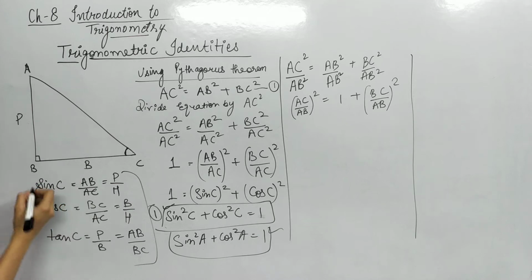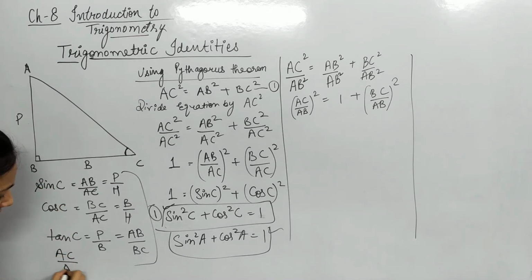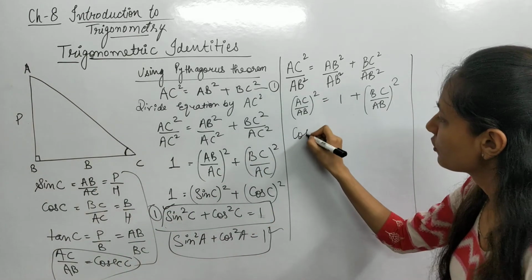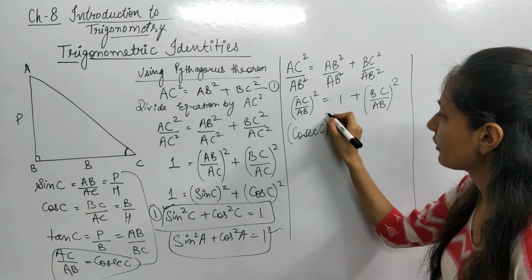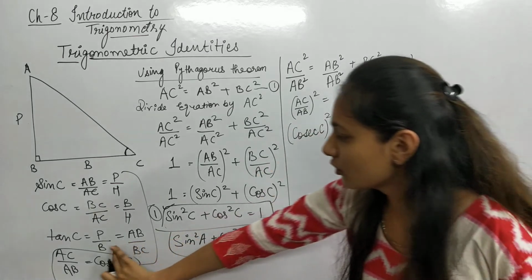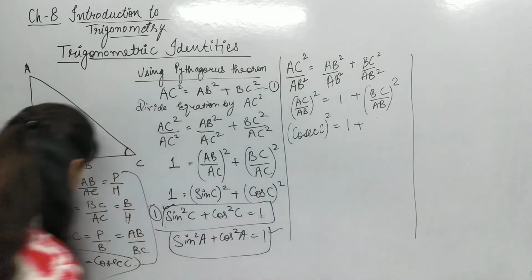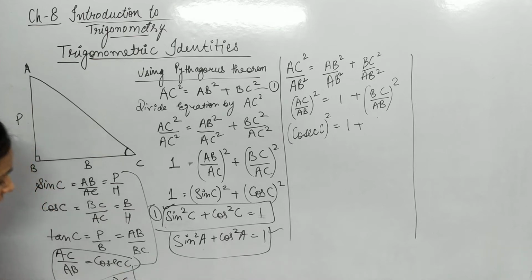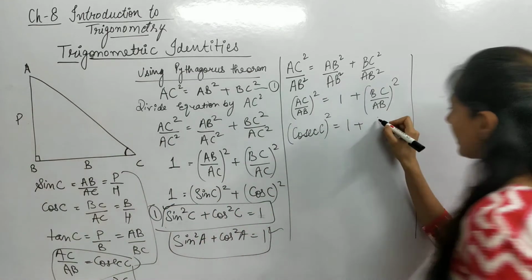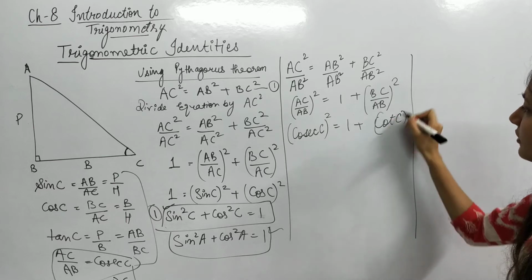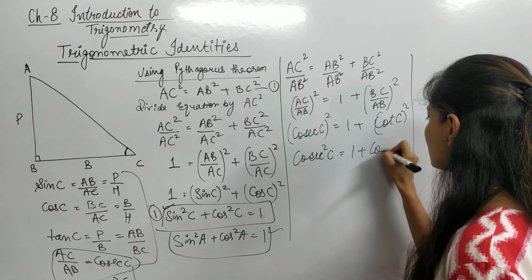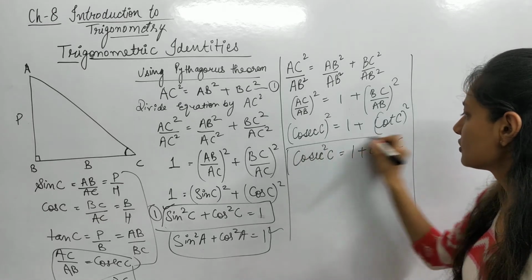AC upon AB will give you cosecant C, and BC upon AB will give you cot C. So we get cosecant square C equal to 1 plus cot square C. This is your second identity.